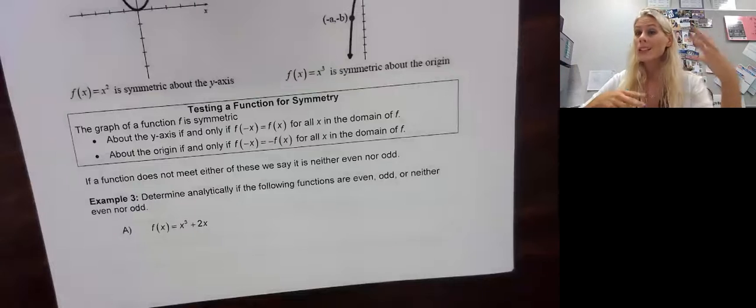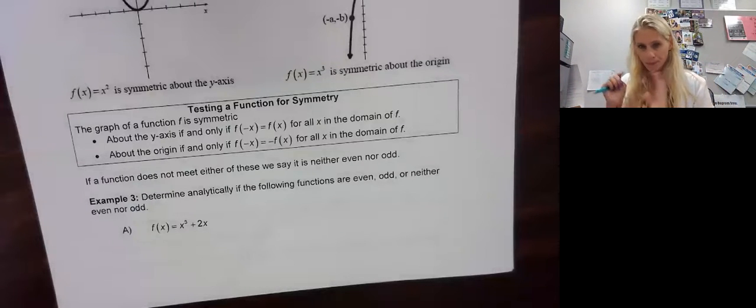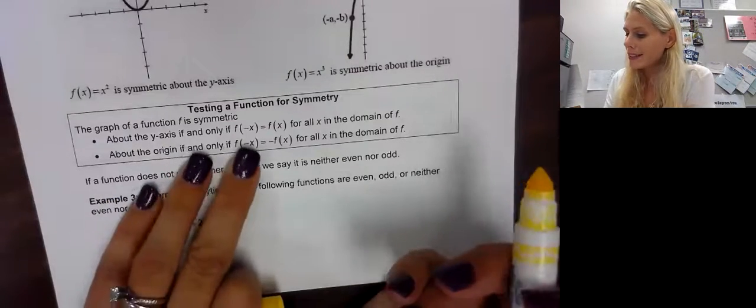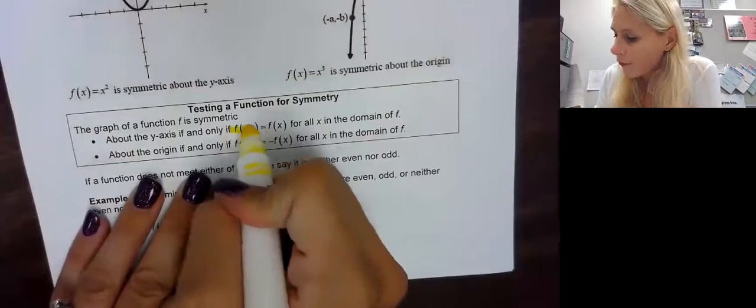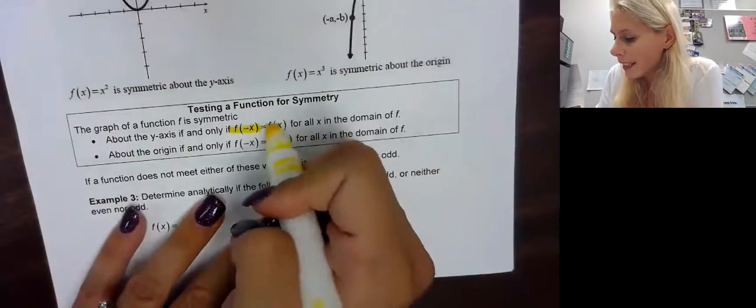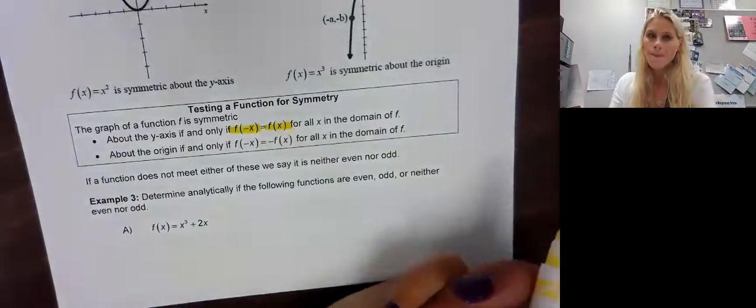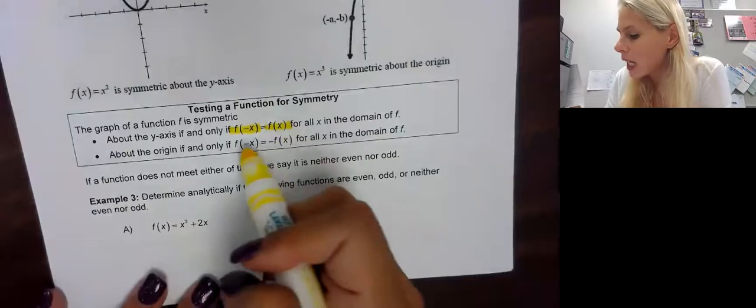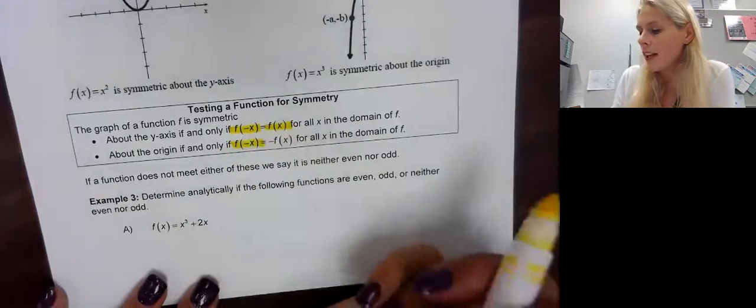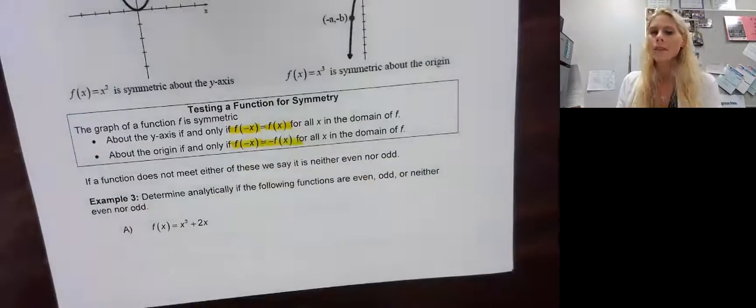So it's either one or the other or neither. Okay, so this is how we do it. We know that if it is an even function, then f of negative x is going to equal f of x. And we know that it's odd if f of negative x equals negative f of x.